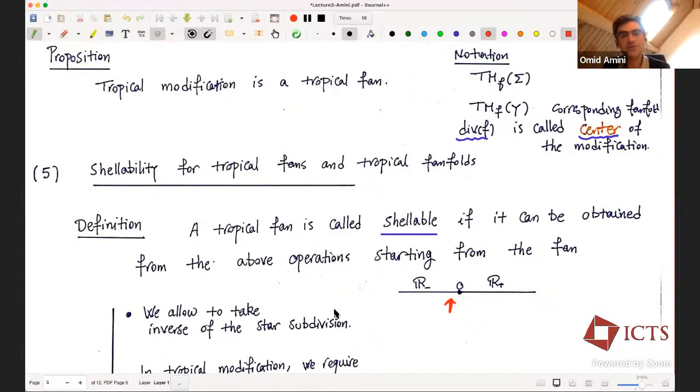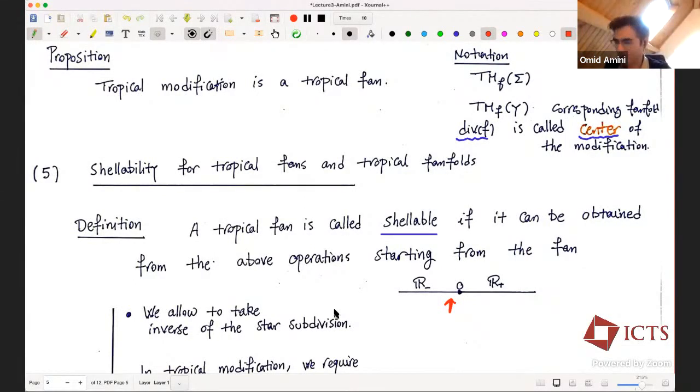Now you can, for example, take this new fan and take a product with this line, and you go this way. All the tropical fans that you can produce, you call them shellable, because there is this effective procedure which allows you to produce them.